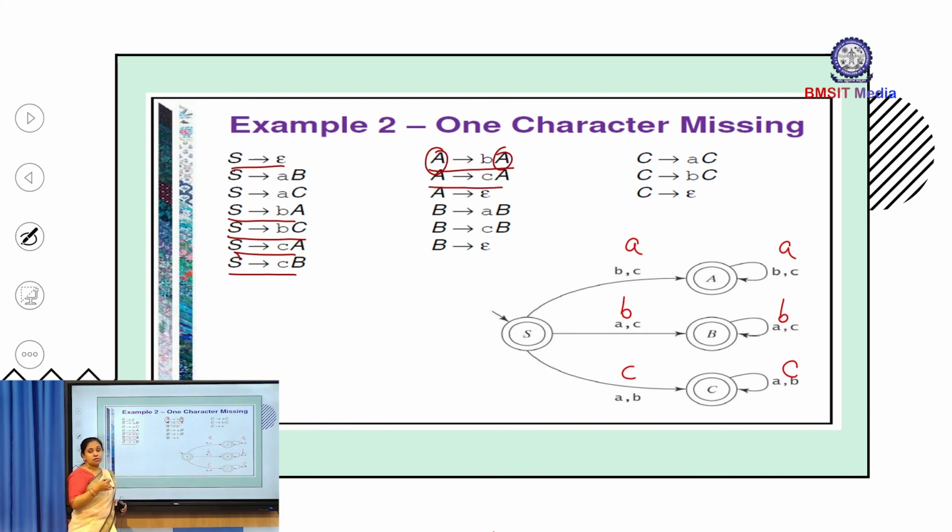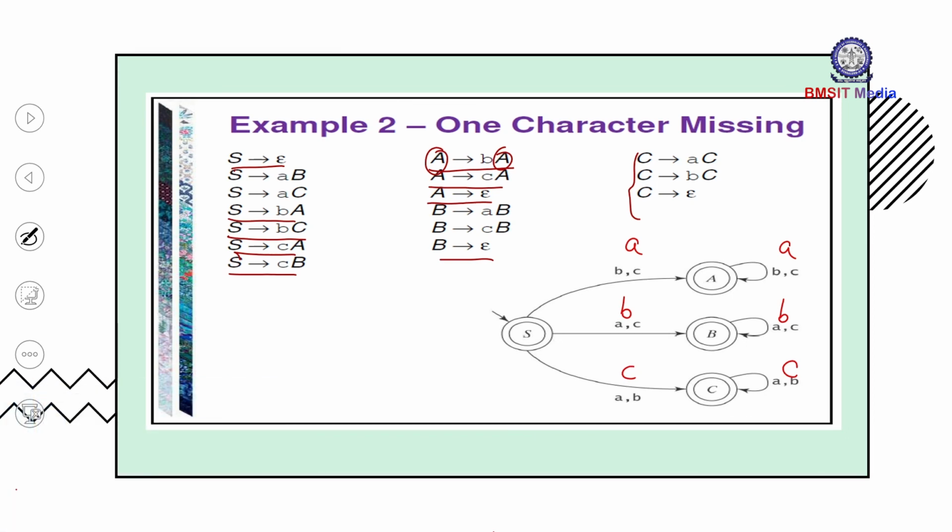Self transition means zero or more occurrence, the Kleene closure. So we should not forget to include the production A tends to epsilon, which is very important. Similarly, B tends to AB, CB and B tends to epsilon, and the remaining 3 productions are for capital C.